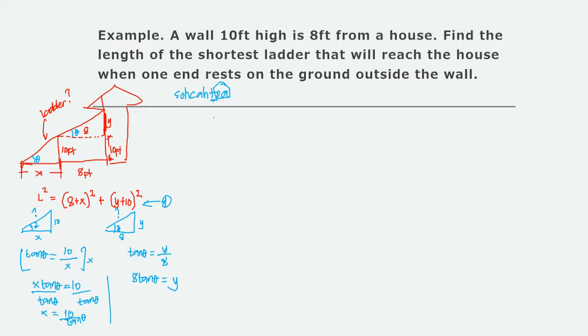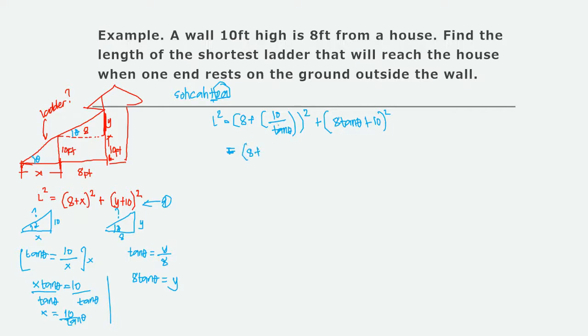That gives us L squared is equivalent to (8 plus x, in which the value of x is 10 over tangent theta) squared plus (y, which is 8 tan theta plus 10) squared. We can simplify this one so that we can easily derive this later on. So we have 8.